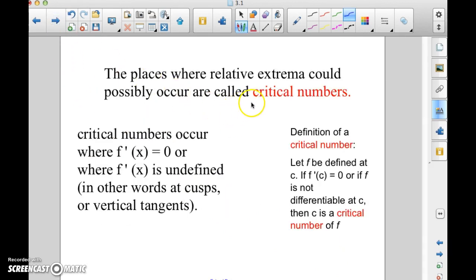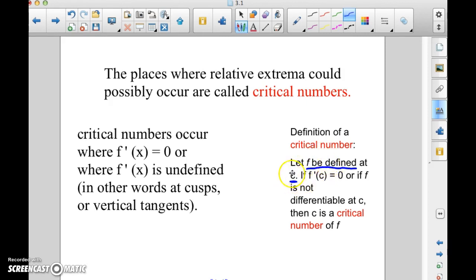So the places where relative extrema could possibly occur are called critical numbers. The definition of a critical number: first of all, f has to be defined at c. So if f is defined, that means we're not talking about where there's a hole or a jump or an oscillation or a vertical asymptote.